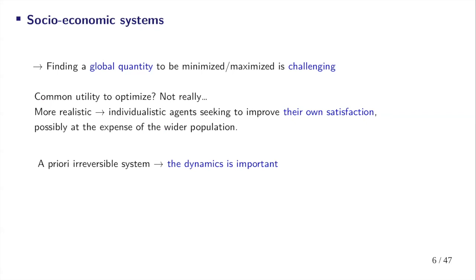And the system is a priori irreversible, because my decision will affect a person in a different way than that person will affect me. So there are no reciprocal interactions, there is no time reversal symmetry, and so the dynamics is important. So we are going to build a microscopic model relying on the dynamics.